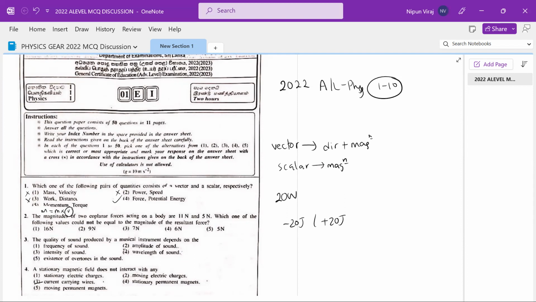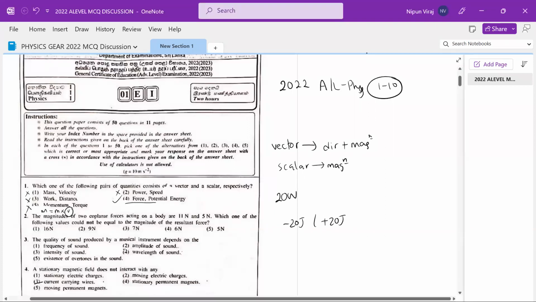So momentum is a vector and torque is also a vector, so this is also not acceptable. So for the first one, this is the answer.